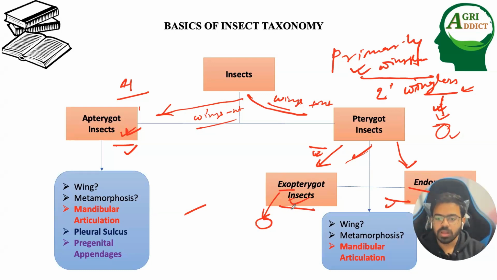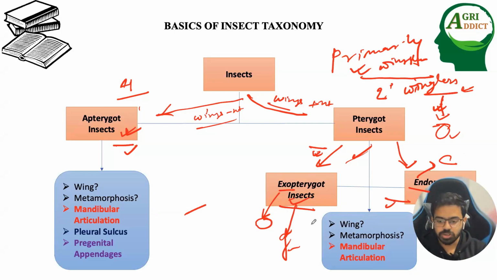Okay. For this, you need to know the metamorphosis. I think all of you know that metamorphosis is some slight or gradual metamorphosis. Another one is complete metamorphosis. Most of the exopterygote insects have gradual metamorphosis, and endopterygotes have complete metamorphosis.